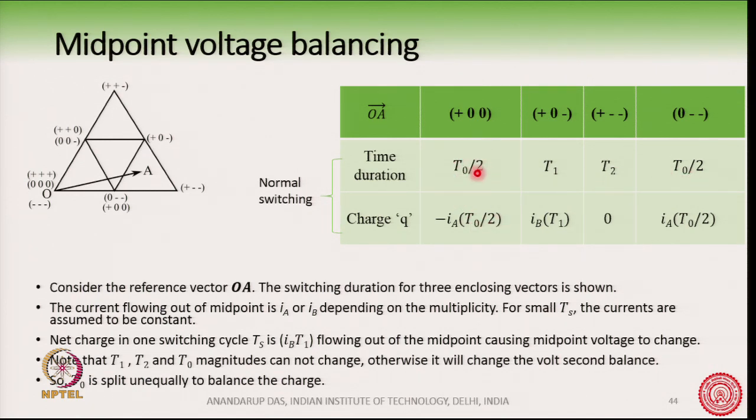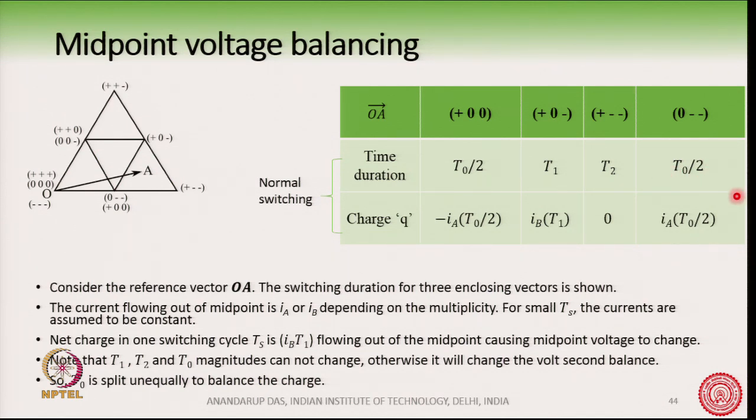So, we have two vectors of equal magnitude, this plus 0 0 and 0 minus minus, they are producing the same vector, okay, and their timing durations are T0 by 2 and T0 by 2.